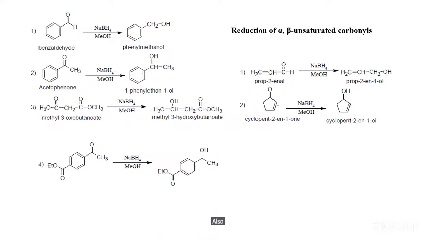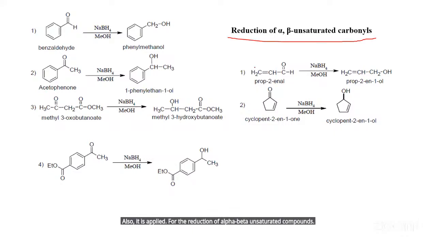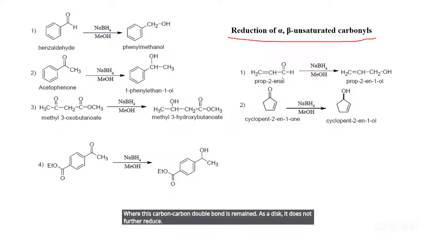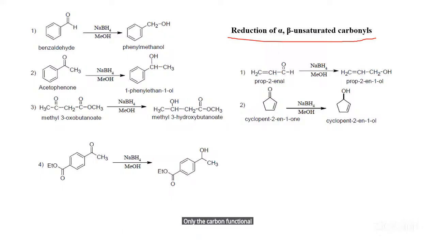Also, it is applied for the reduction of alpha-beta unsaturated compounds, where the carbon-carbon double bond remains as it is and does not further reduce. Only the carbonyl functional group is reduced, and we get a primary alcohol from the aldehyde, while from the ketone we get a secondary alcohol.